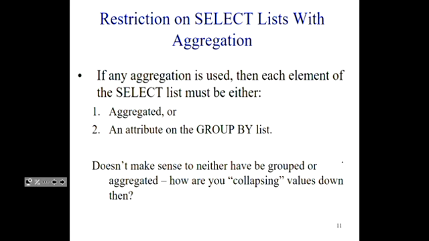Right? If you're grouping by that attribute, then you know that for a group of tuples corresponding to a single drinker, there's only one drinker in all of those tuples. Right? And if you're aggregating on that, again, you're collapsing all of those values down to a single value. So it's, again, a single value. But if there's another attribute that you're not applying anything on and you're not grouping on, that is a problem, because you don't know which value to display.